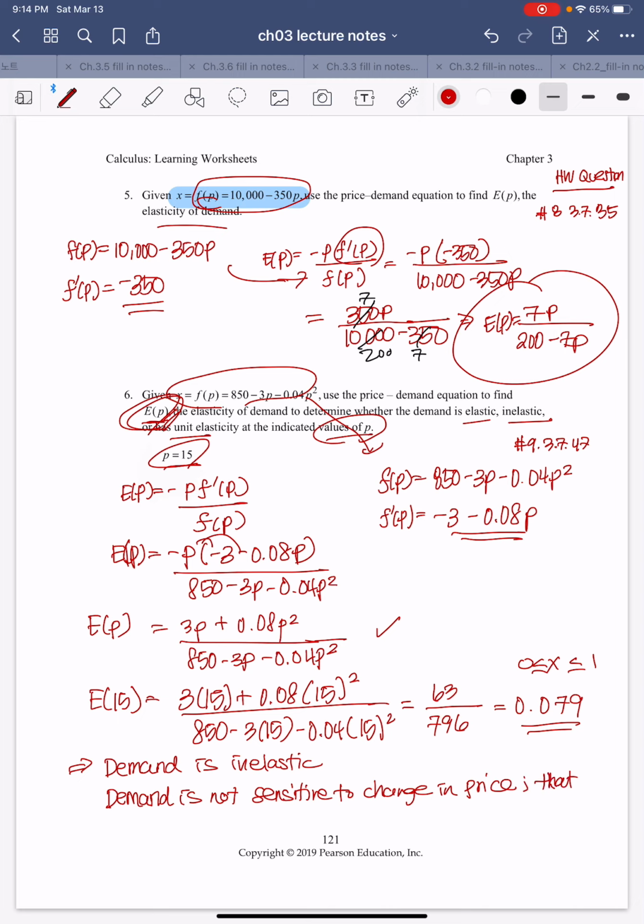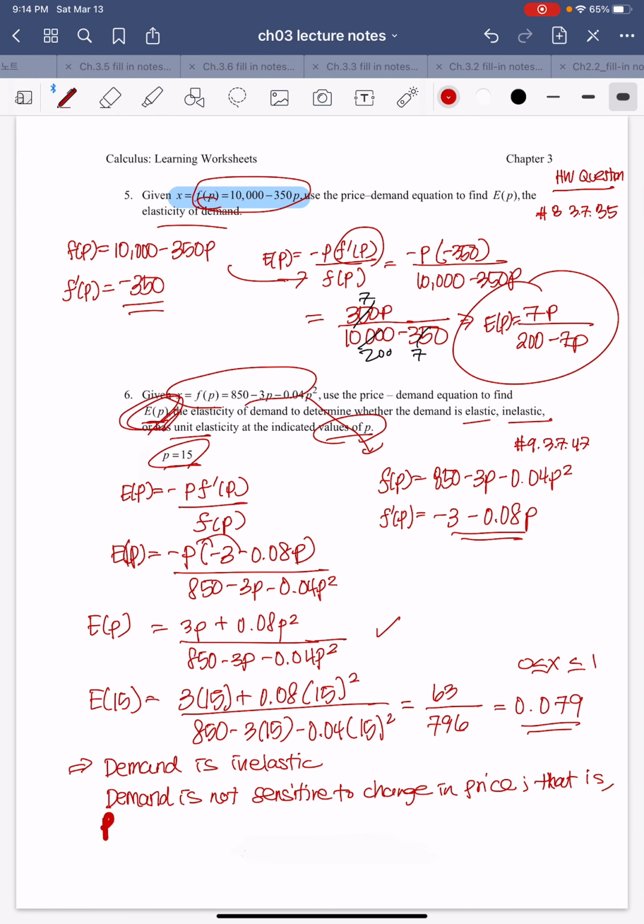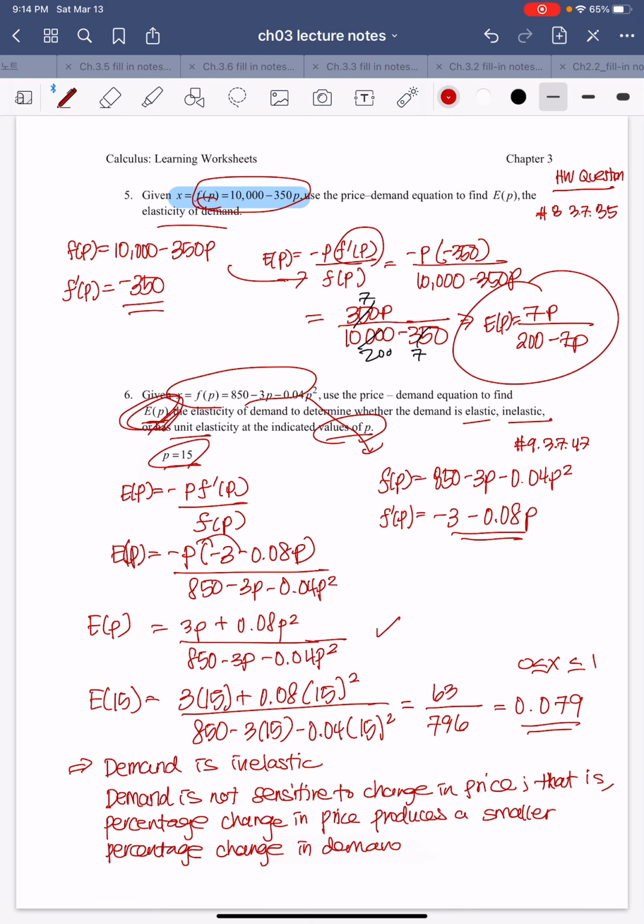That is, a percentage change in price produces a smaller percentage change in demand. Okay.